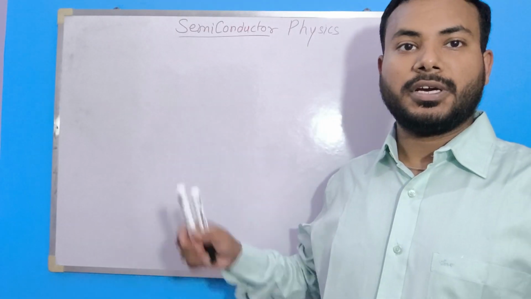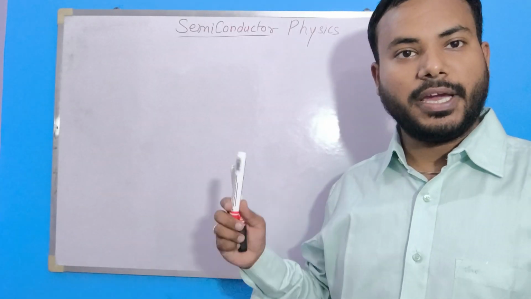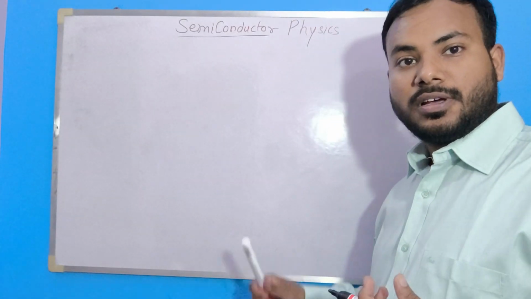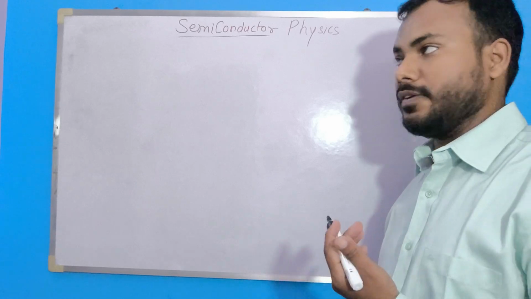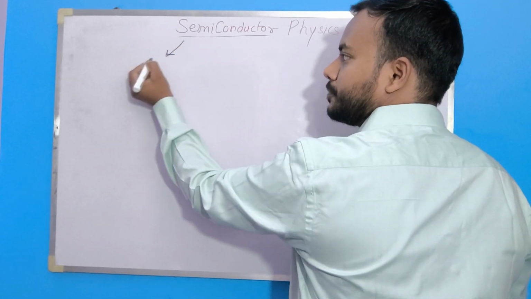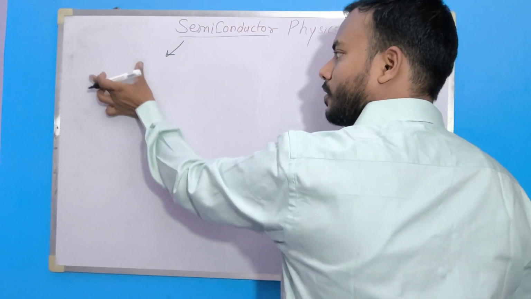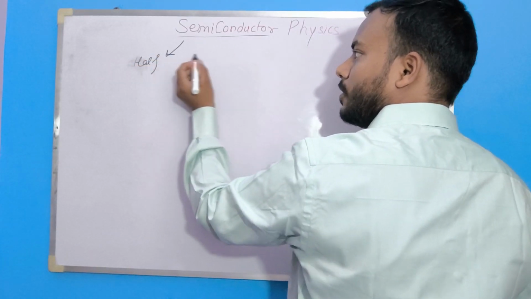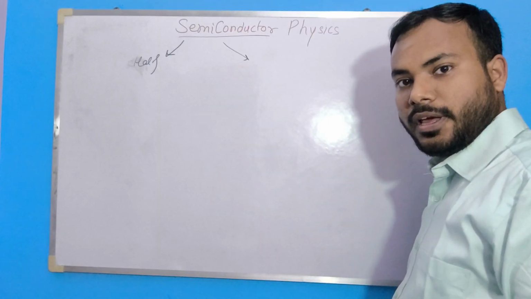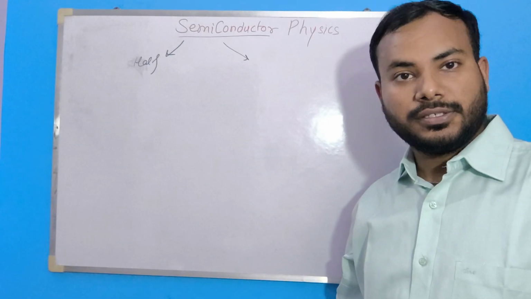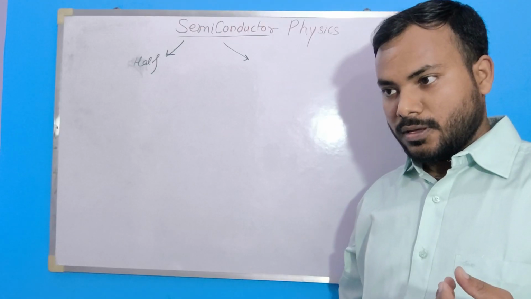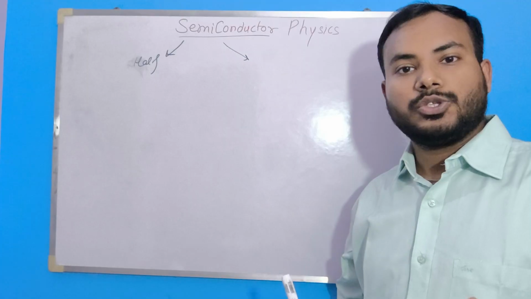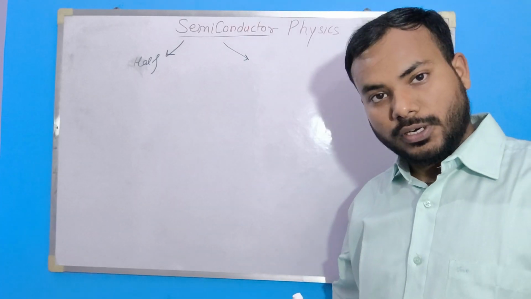Here semiconductors come from two words, semi and conductors. Let me explain first how this word is derived. Semi means half, and conductor, as we already know, is a metal which conducts electricity, and insulators are those which do not conduct electricity.